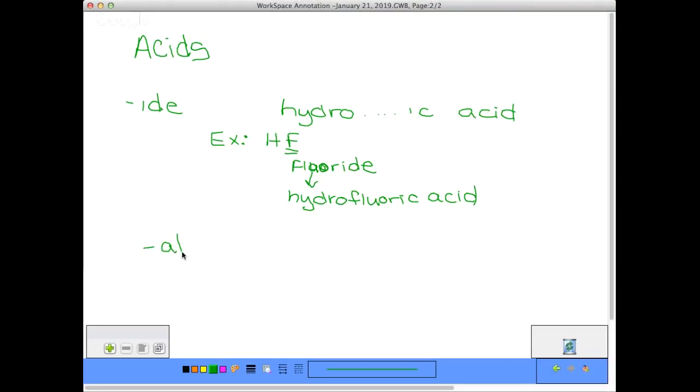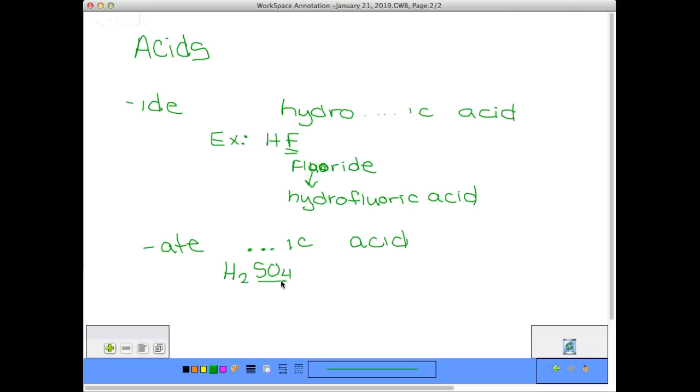If they end in ate, this is not going to have the prefix hydro. It's just going to be an ic acid. So an example of this would be, let me think of something off the top of my head.